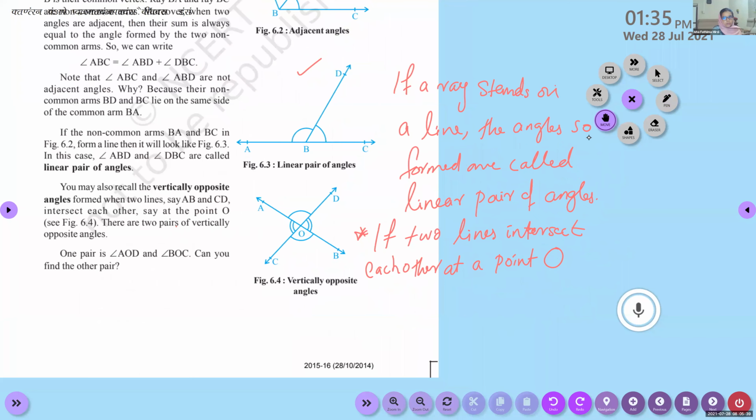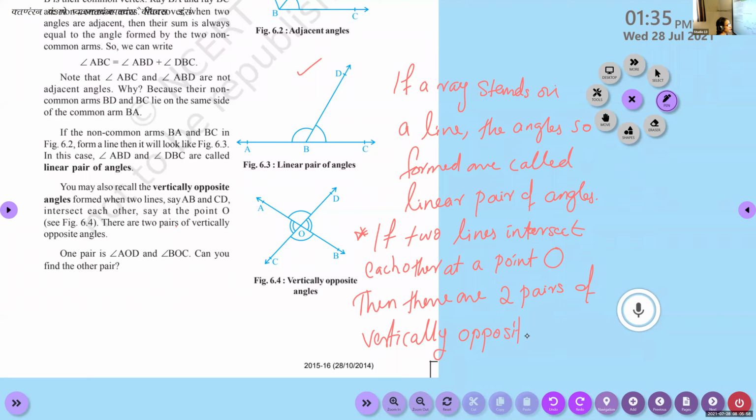Two. Then there are two pairs of vertically opposite angles.